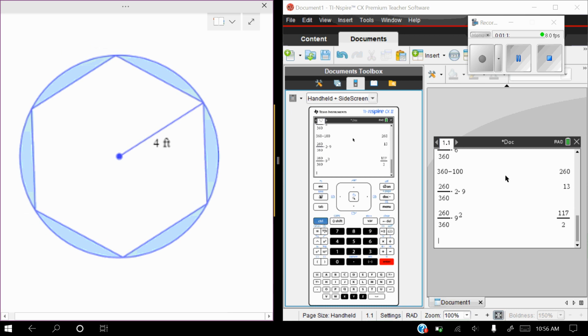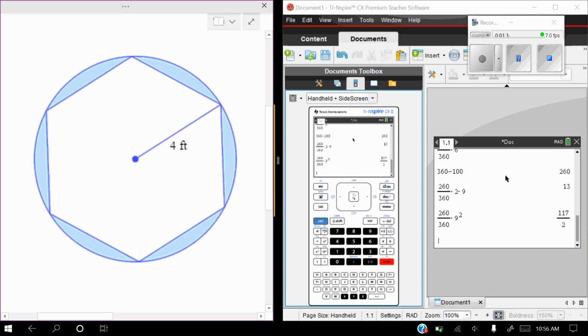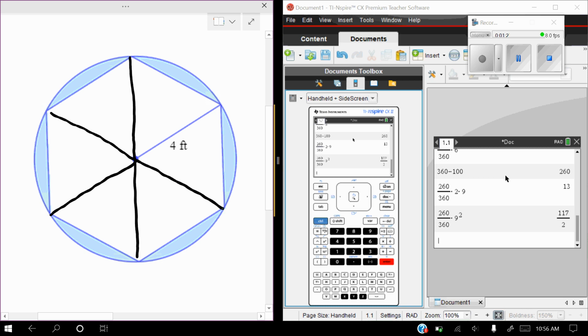So I'm going to focus really big in on this circle. I am looking for the apothem and the perimeter. What I need to do is draw a line from each vertex, or each point here, to the center. And I see that I have 1, 2, 3, 4, 5, 6 triangles.